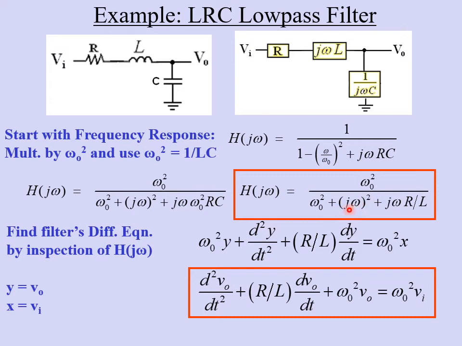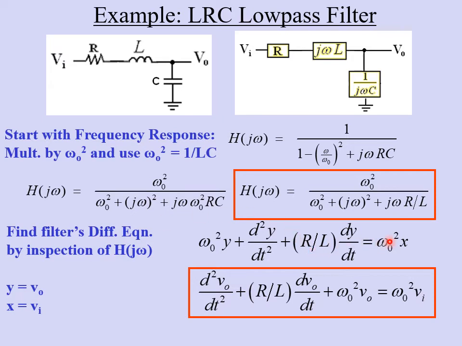A j omega squared, remember that means there's a second derivative, so we have d squared y over dt squared, the second derivative of y. And then here we have R over L times j omega, and remember j omega gives us a first derivative, dy/dt. So finally, for this filter, y is the output, that's v out, I should say, all right?